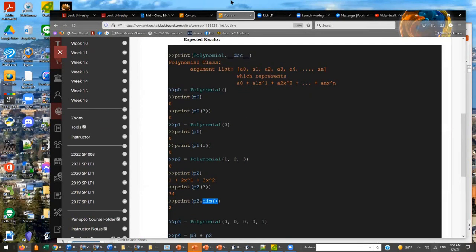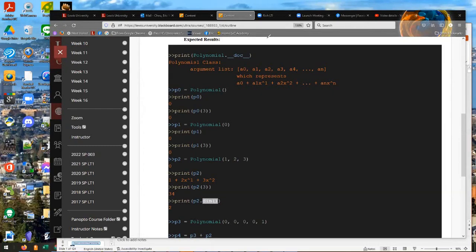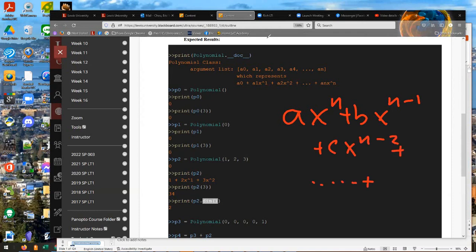A polynomial is supposed to be a_n x^n plus a_(n-1) x^(n-1) plus a_(n-2) x^(n-2) plus and so on, plus the last one, a0. A0 is x to the degree 0, right? So basically the highest degree is your dimension. So here the dimension is n.